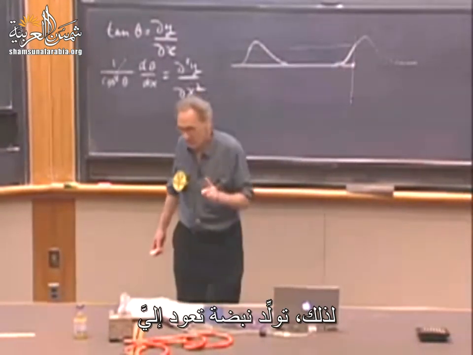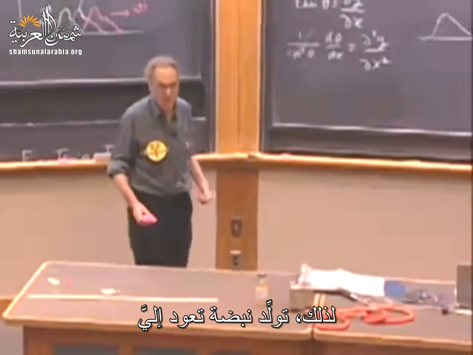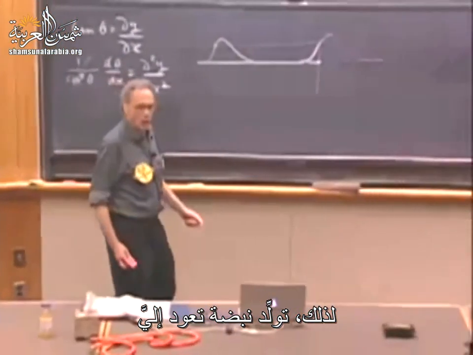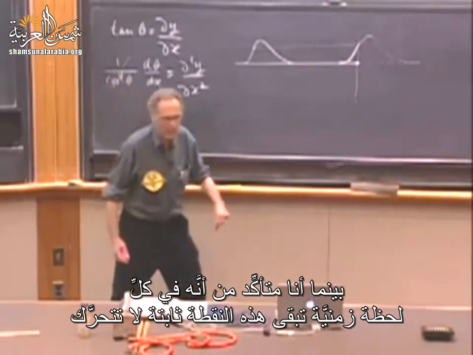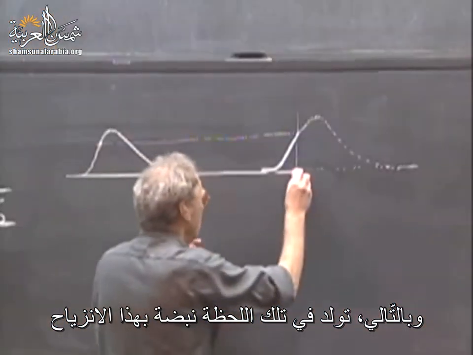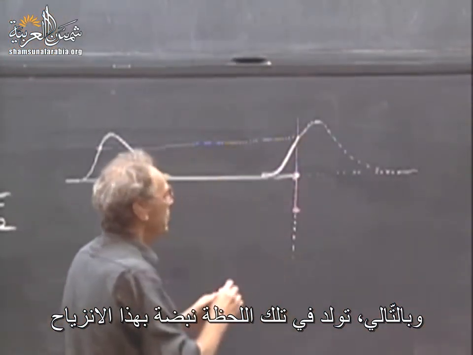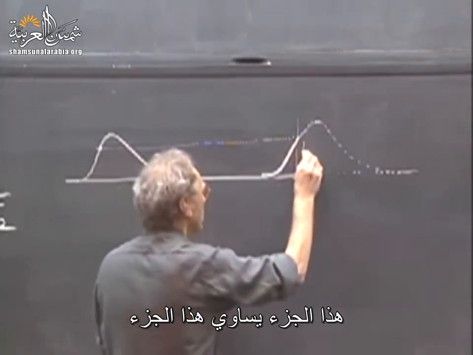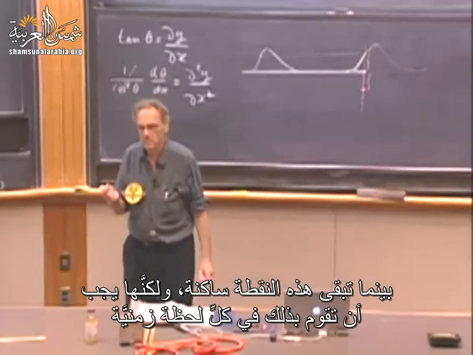Therefore, she very sneakily, without telling you and me, generated a pulse that came back to me, which made sure that at all moments in time, this point stood still. So at this very moment in time, she must have generated the pulse which had this displacement, so that this part is exactly the same as this, and so that her hand stands still.